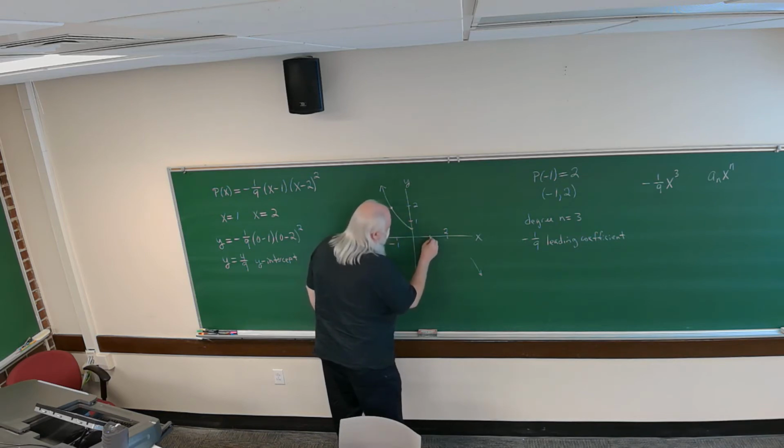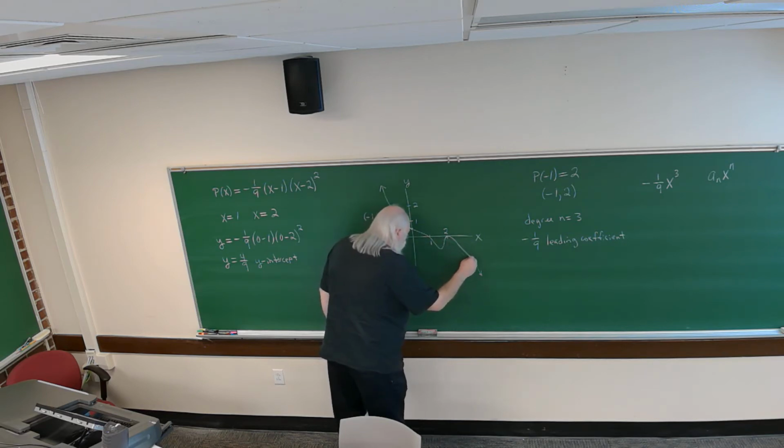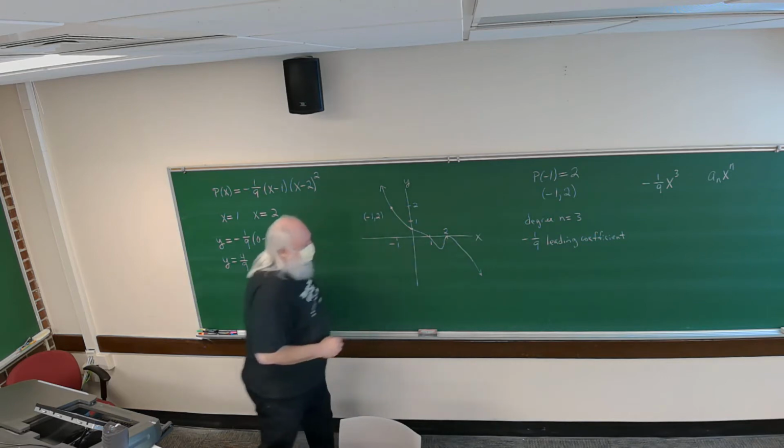We're not trying for perfection here. It's going to cross at x equals 1, form a turning point, come up, touch the x-axis at x equals 2, touch and turn, and then go down forever on the right end.